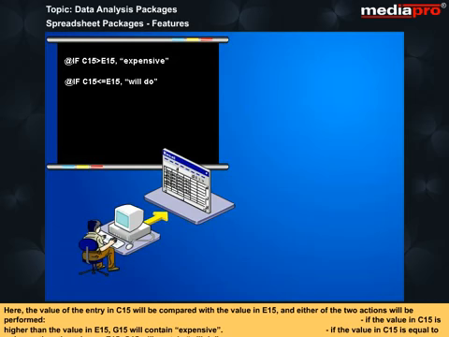Here, the value of the entry in C15 will be compared with the value in E15 and either of the two actions will be performed. If the value in C15 is higher than the value in E15, G15 will contain "expensive". If the value in C15 is equal to or lesser than the value in E15, G15 will contain "will do".